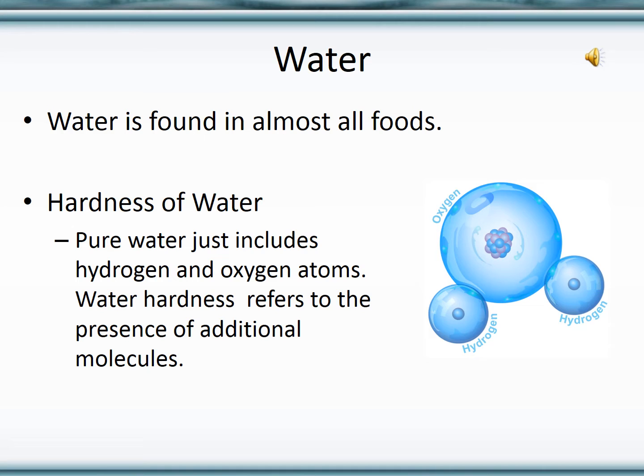We will talk more about this in the next slide. Water is a liquid, but water hardness refers to the presence of molecules other than water. This could include iron, calcium, magnesium, or any other non-water molecules. Hard waters can make tougher doughs and are also not as effective at softening foods.